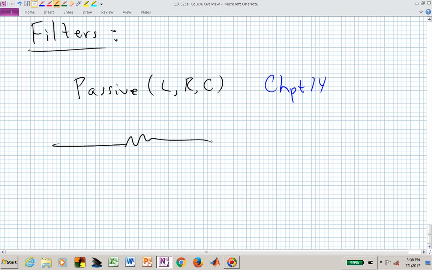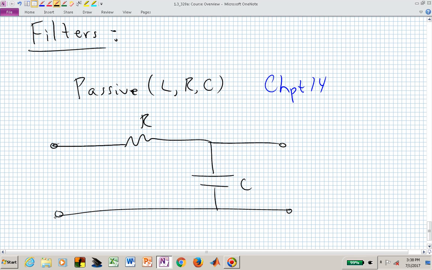And a very fundamental passive filter is this classical combination of a resistor and capacitor, where the output voltage is across the capacitor, the input voltage is applied to the series combination of R and C.